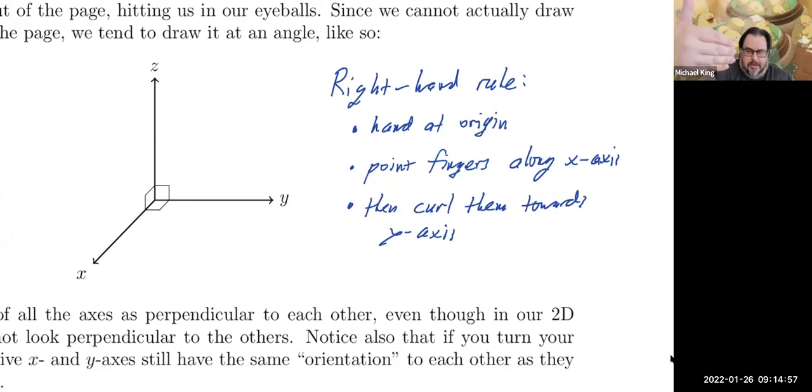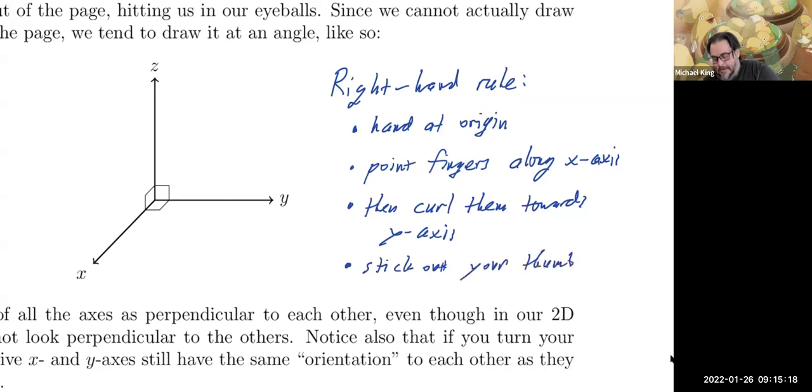You have to orient your palm a certain way to do that. And then if your thumb is sticking out, that's pointing in the direction of the Z-axis, right? So stick out your thumb. Writing this in words makes it all sound silly, but this points in the positive Z direction.